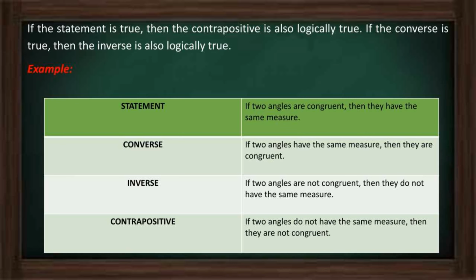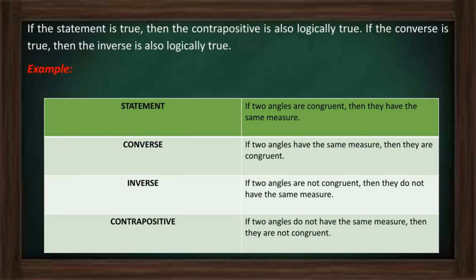If two angles have the same measure, then they are congruent. This statement is logically true because if we are given angles that have the same measure, then we consider the two angles congruent. Second, the inverse. If two angles are not congruent, then they do not have the same measure.